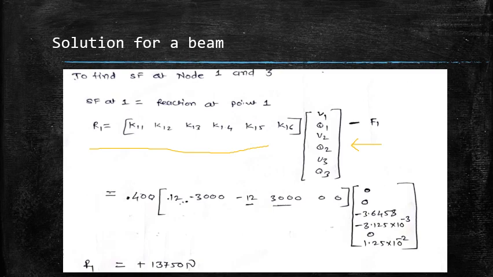Remember, this first row was cancelled. So I am using the same row k11, k12, k13, k14, k15, k16. This row vector into this column vector minus f1. F1 is the first element in the global load vector. So this expression will give me the reaction R1, and it comes out to be this much.